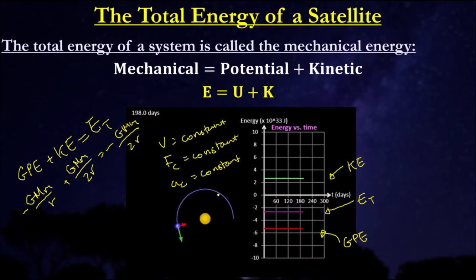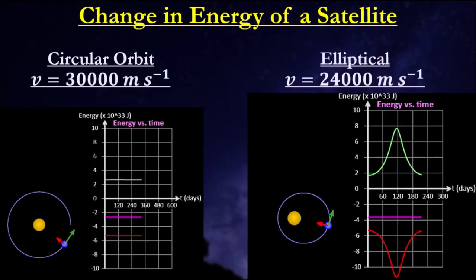So under these circumstances, the kinetic energy does not change because v has not changed. The radius has not changed. And as a consequence, because there's no change in the radius, the centripetal force and acceleration stay the same.